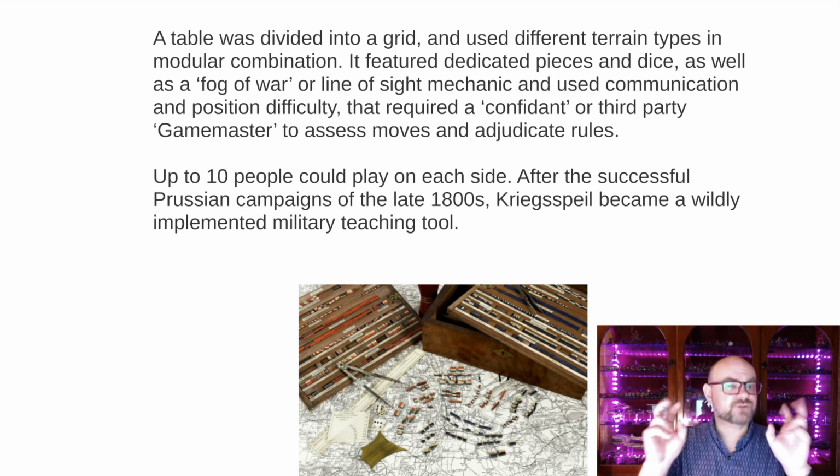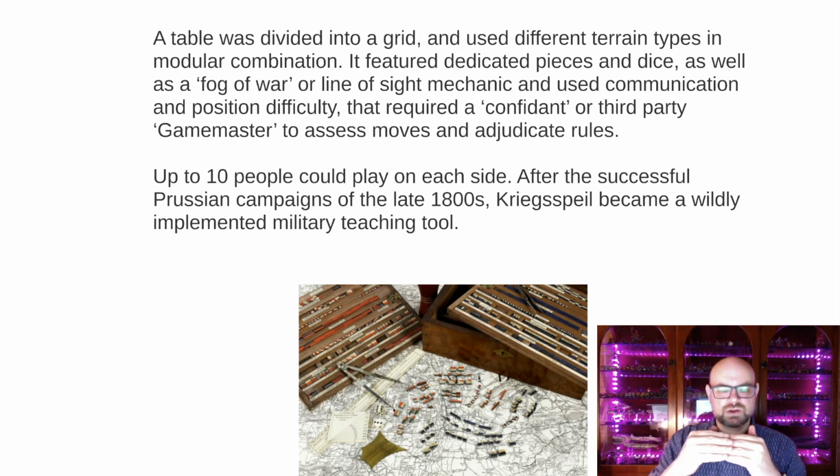There's what's known as a fog of war, which means that you can only have information in the game about your enemy's units that you can actually see with your units on the table. There were game mechanics for communicating orders between units, and it actually required what's known as a games master.